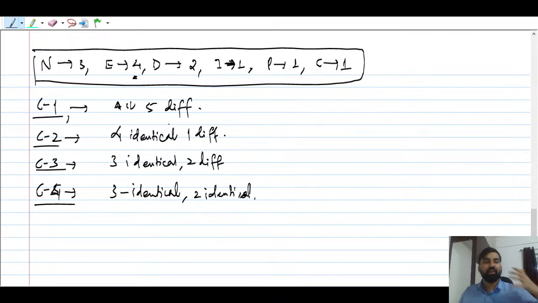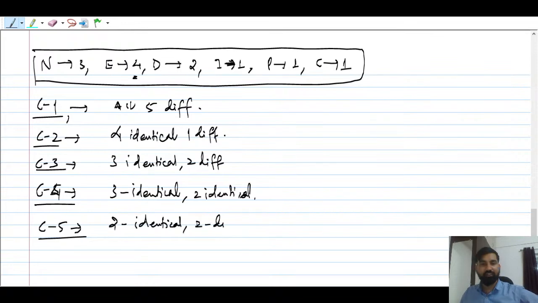Case number 5. 3 identical, and sorry, 3 different. Yes, there are 3 which are different: I, P, C. They are different. I think this is clear.